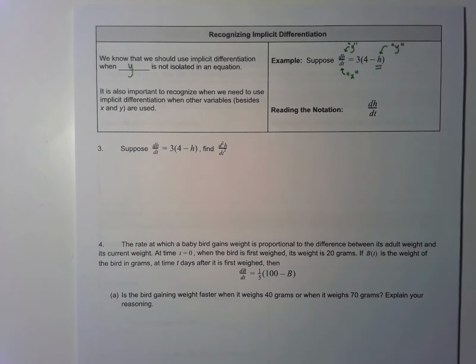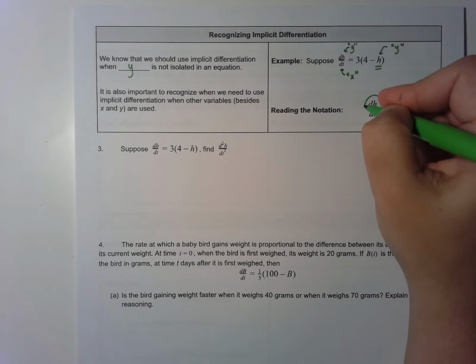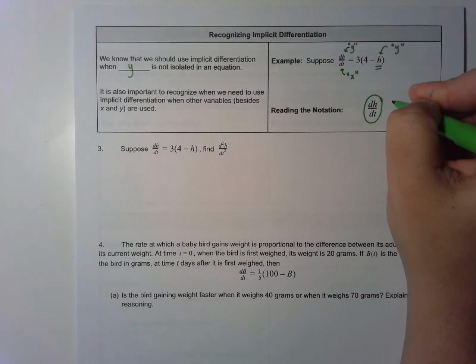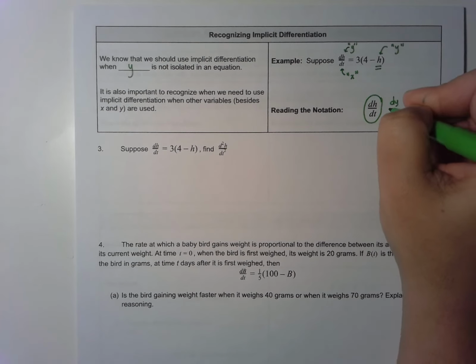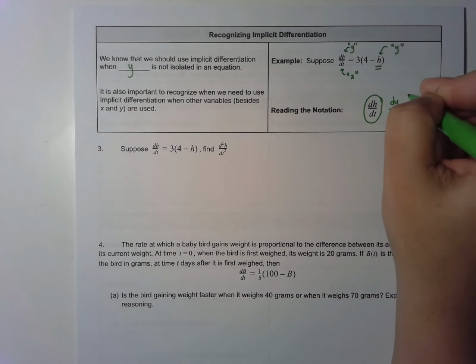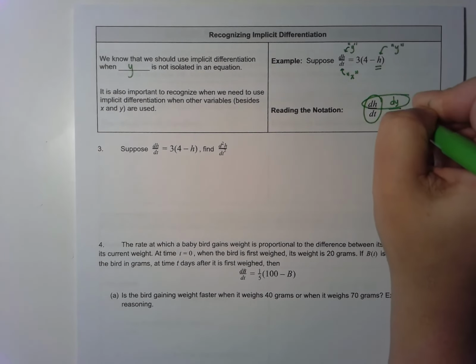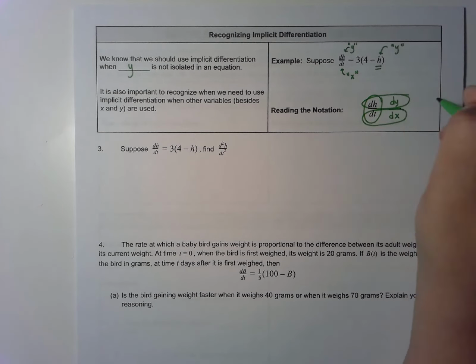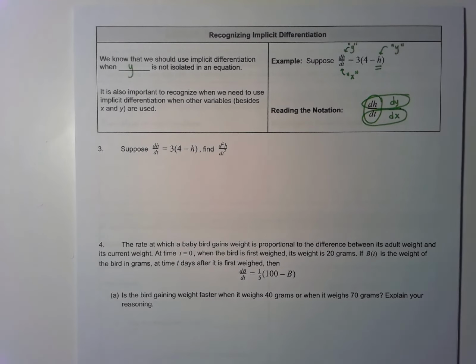It's really important that when you look at your notation, you make a note that the top variable is the output acting like y, and the bottom variable is the input acting like x. The reason that that's so important is that as soon as you see a y or output variable, you need to write dy over dx or dh over dt to show the derivative.